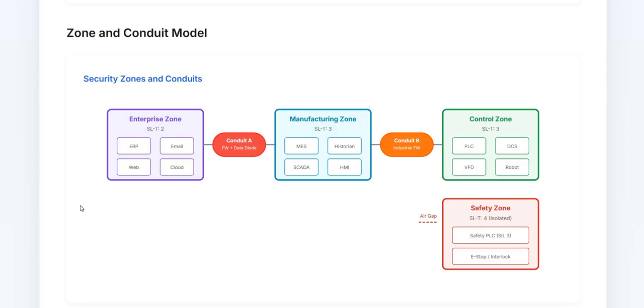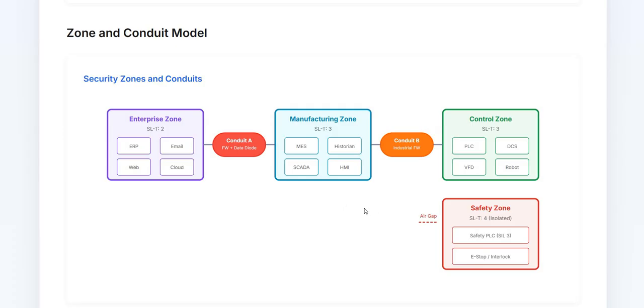This zone usually targets a lower security level because disruption here is painful but not physically dangerous. And moving inward, you reach the manufacturing zone. Systems like supervisory control, operator interfaces, and data historians live here. This zone typically requires a higher target because production downtime has real cost.